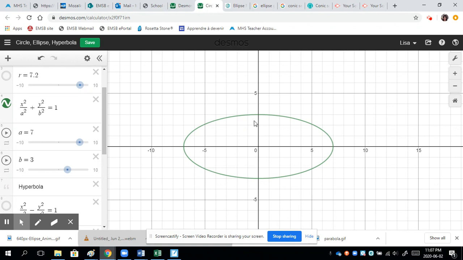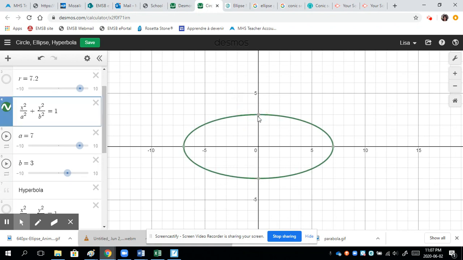Okay, so this is 3. Okay, so A is 7 and B is 3. So we actually have the value of A and B, you can see right there. That's where it comes from.